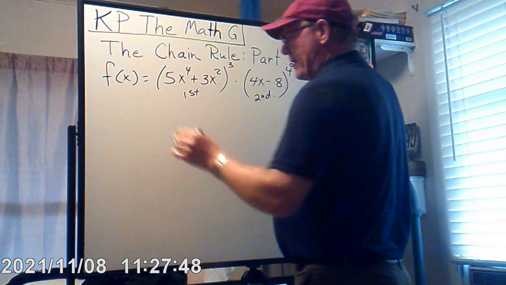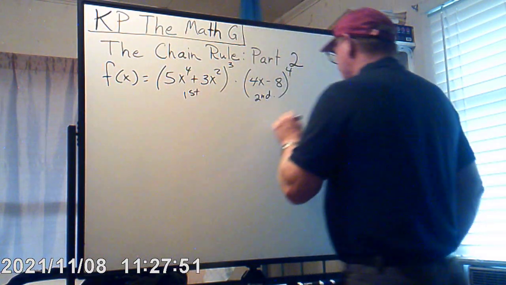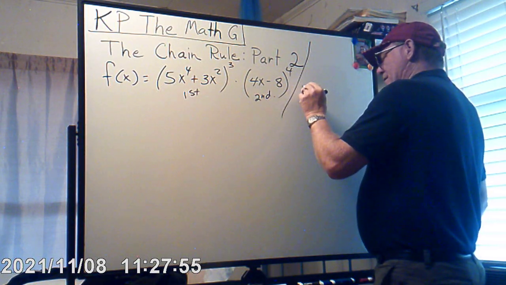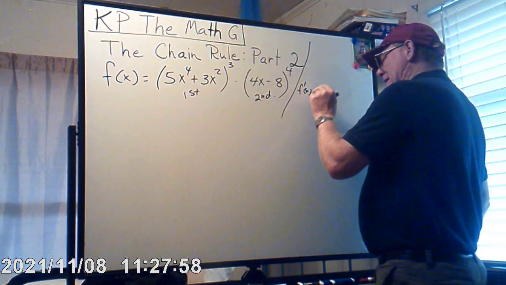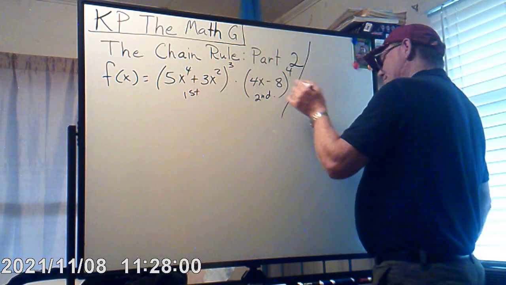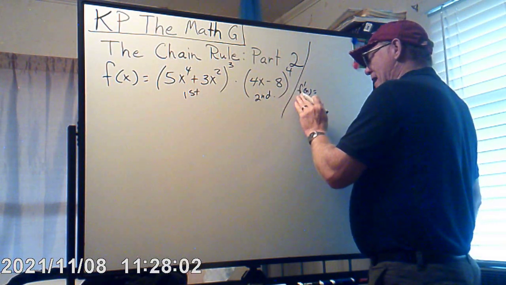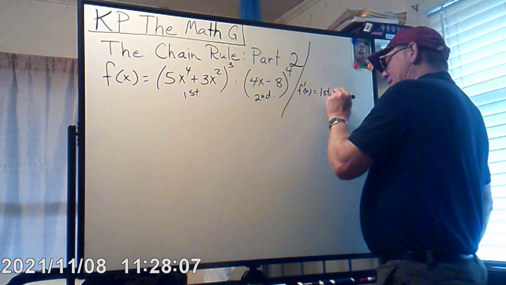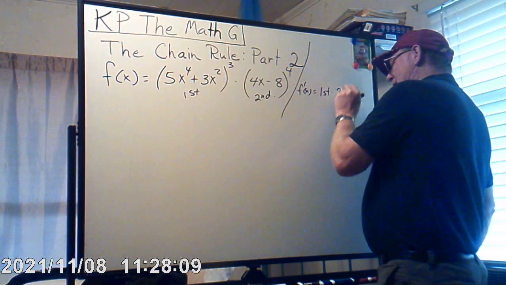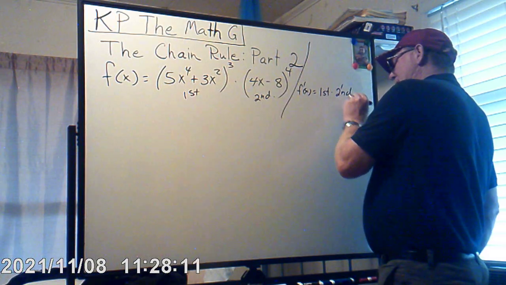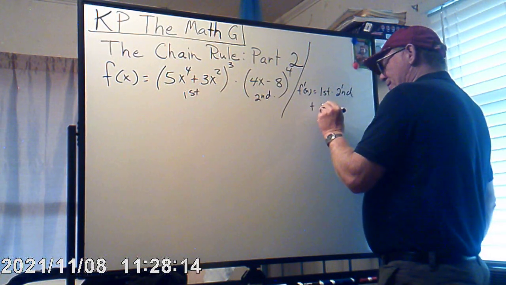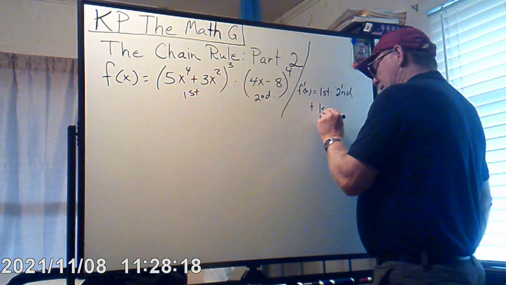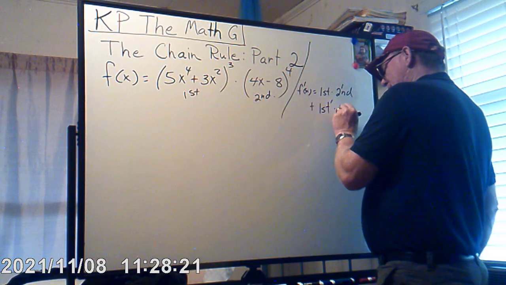And remember that the product rule is, generally speaking, that the derivative of it is the first times the derivative of the second, plus the derivative of the first times the second.